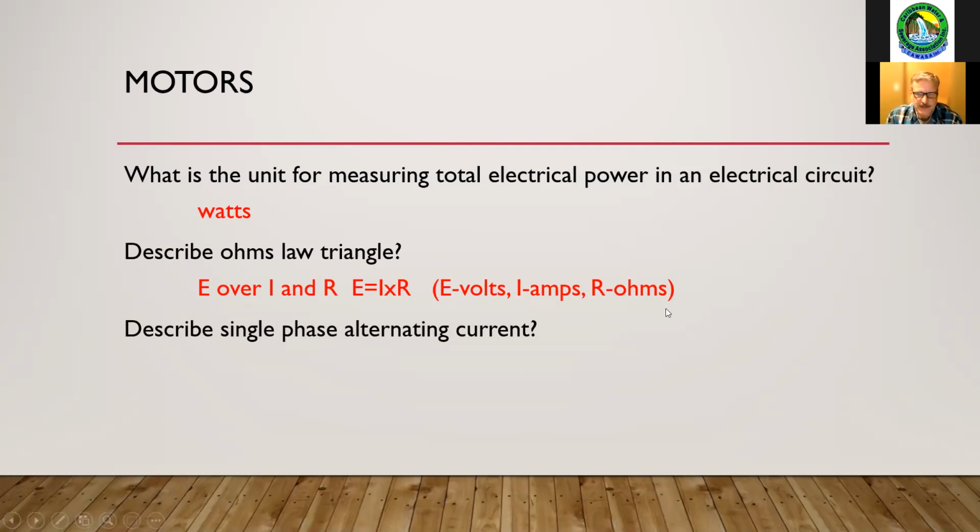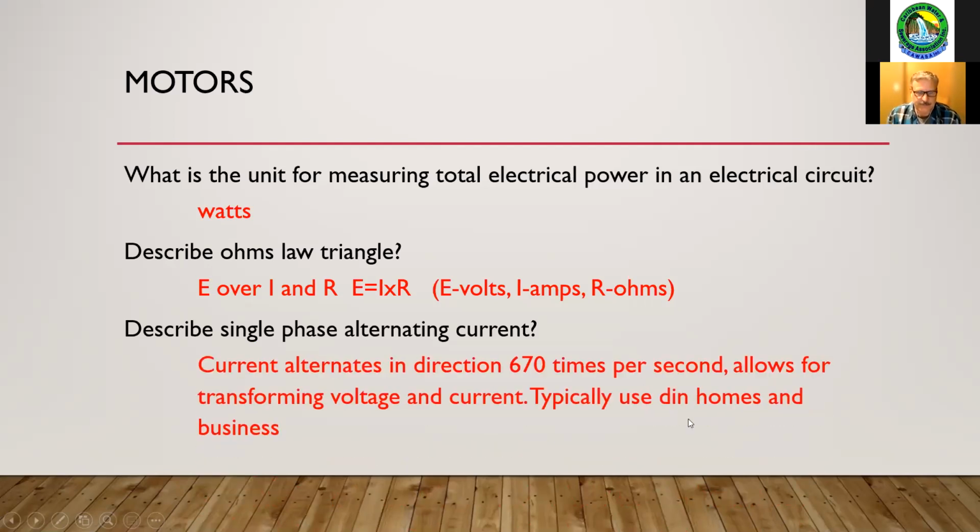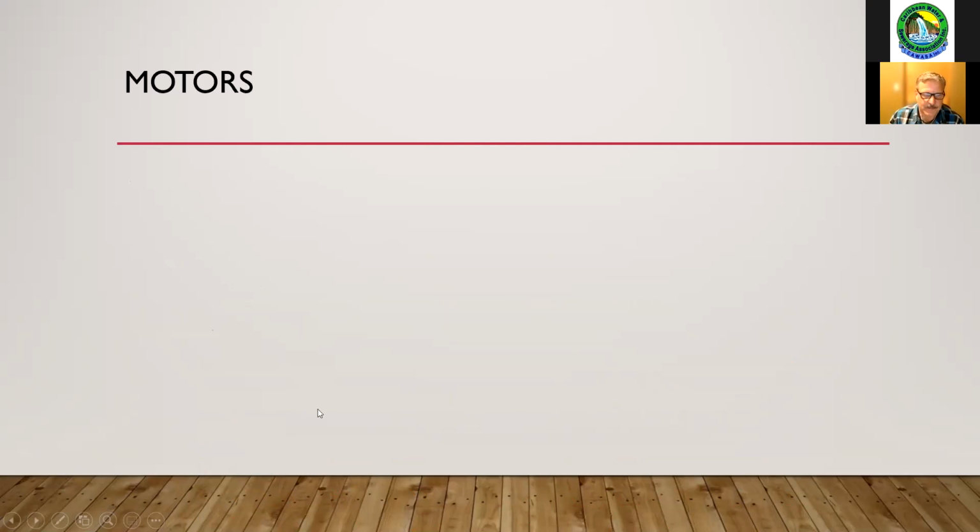The answer was alternating current divided by direct current, but we're just looking to describe a single phase current. So the current alternates, that should be 60 times per second, allowing for transferring voltage and current typically used in homes and businesses. So the biggest kick there is the current travels in both directions and at 60 times per second.